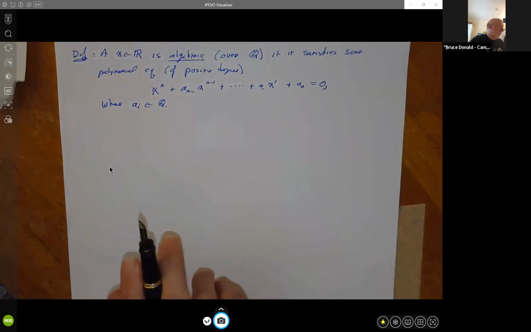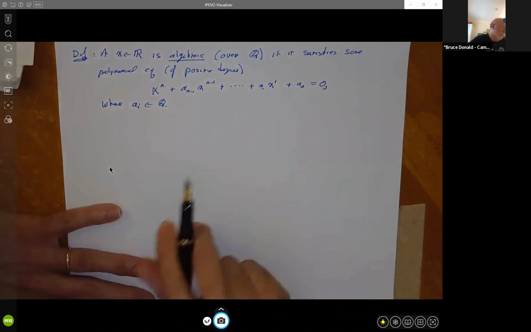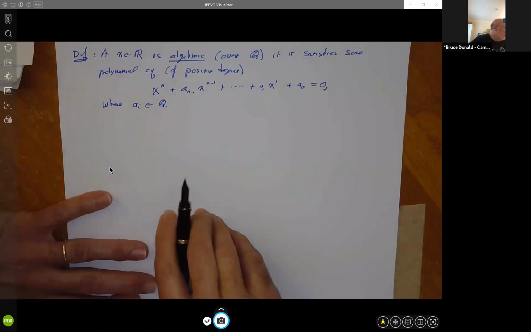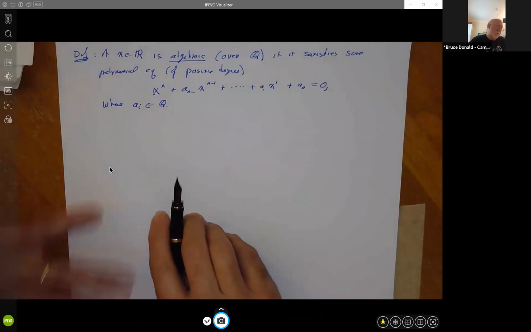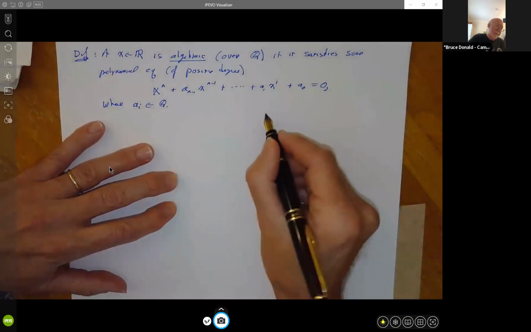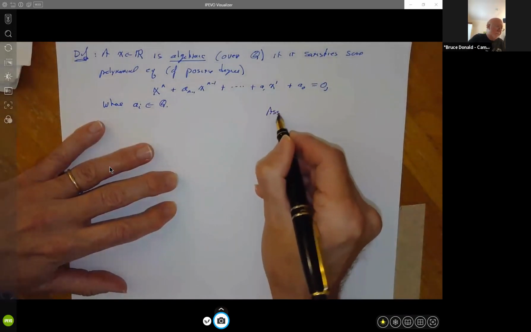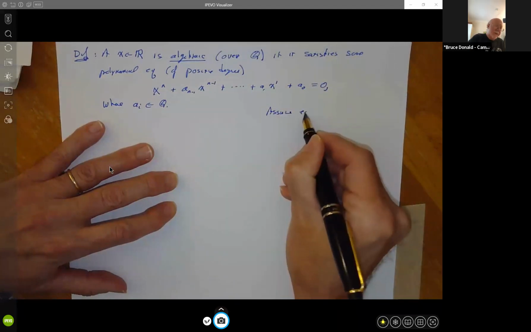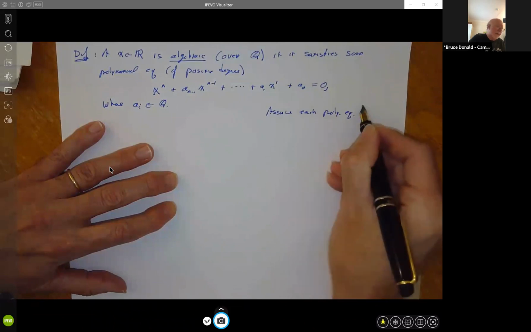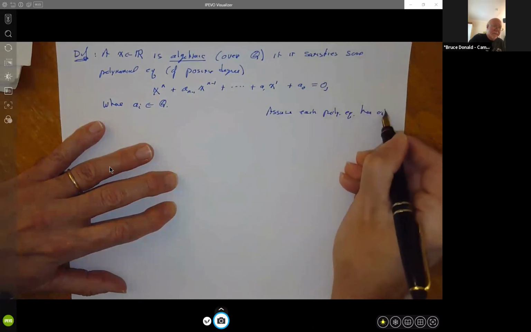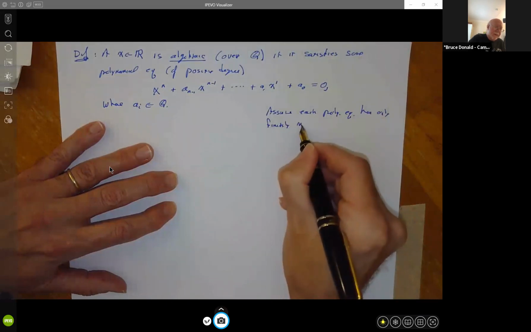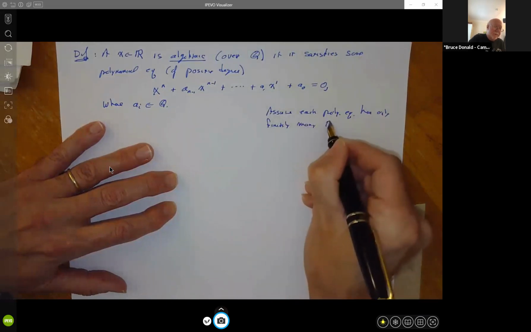Okay. So what does this mean? Look at some examples. What I want to do here is the following proof. I want to assume each polynomial equation has only finitely many roots.